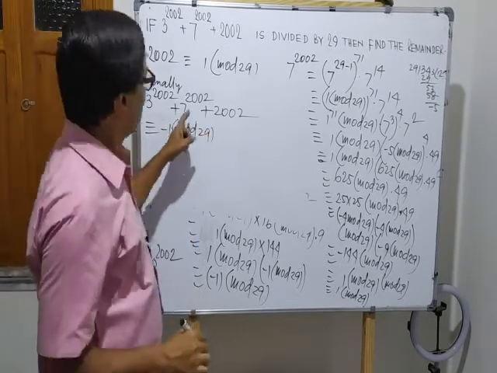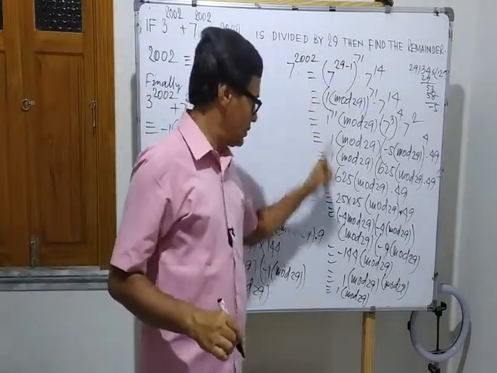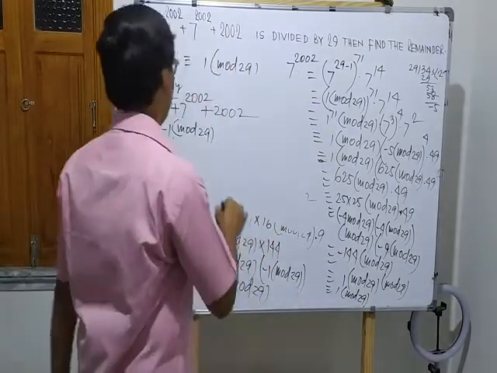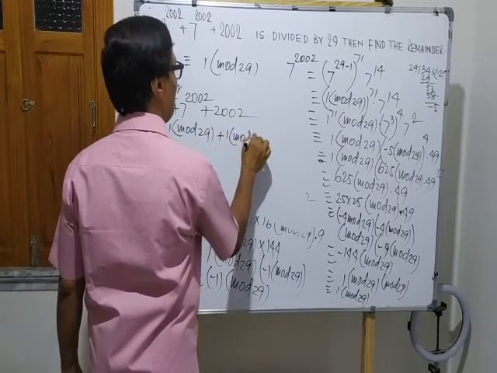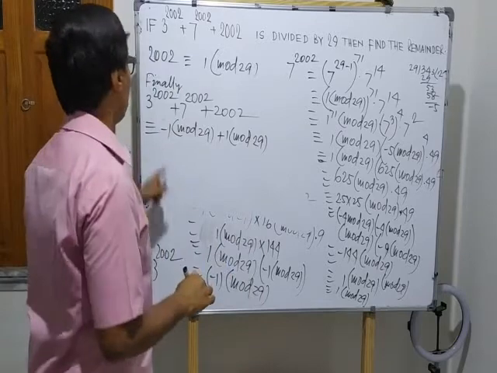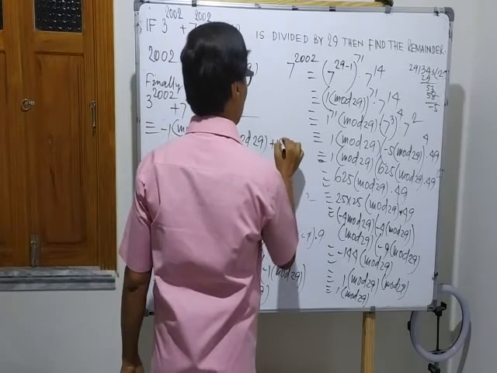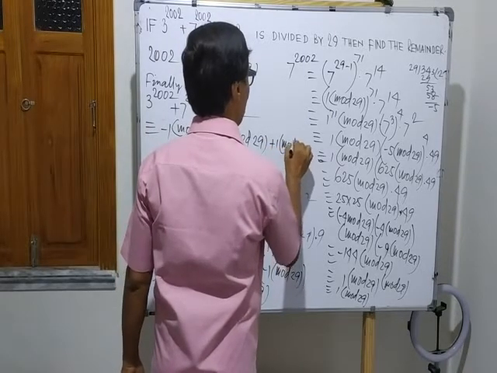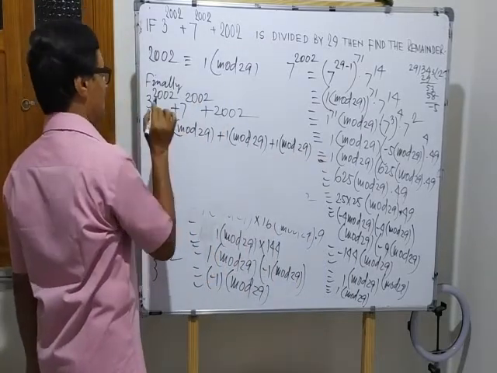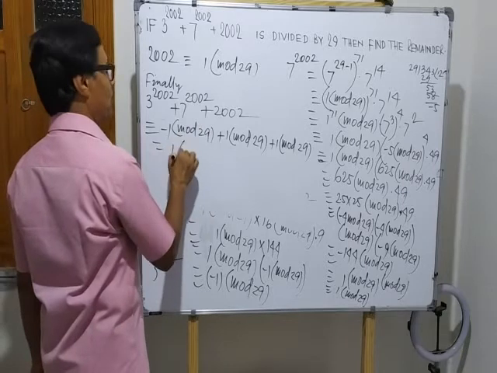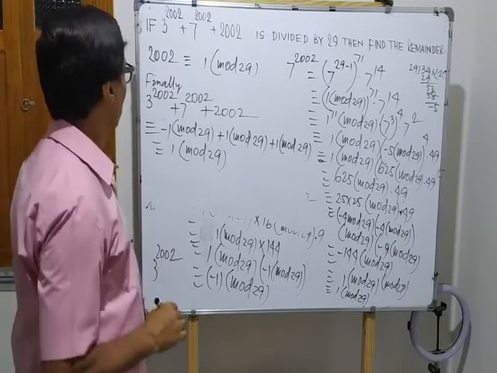And also 7 to the power 2002 is congruent to 1 modulo 29, and 2002 is congruent to 1 modulo 29. Minus 1 and 1 cancel out, so ultimately we get 1 modulo 29.